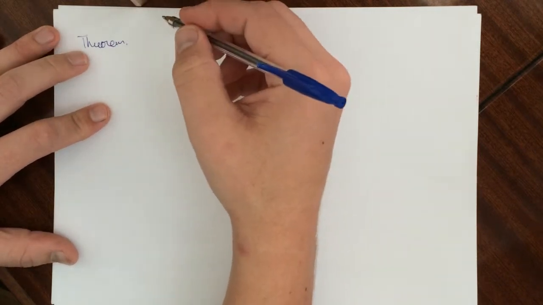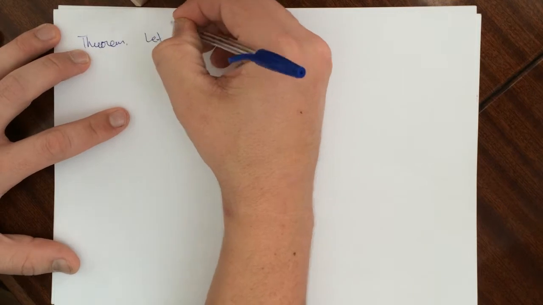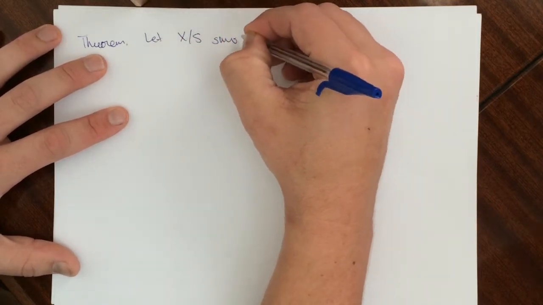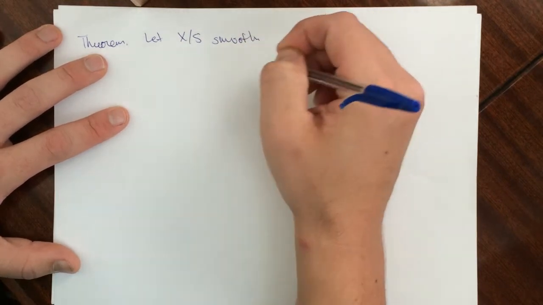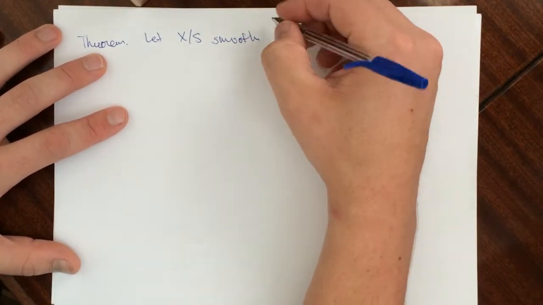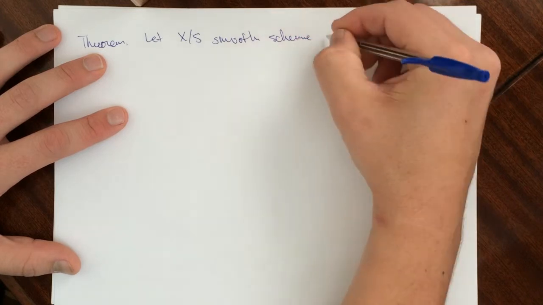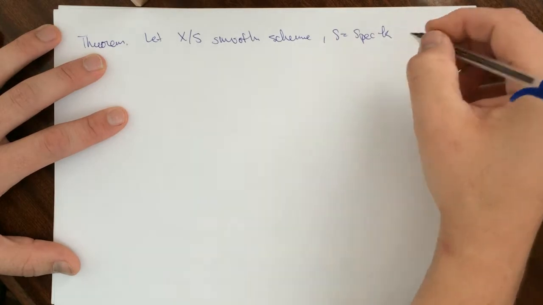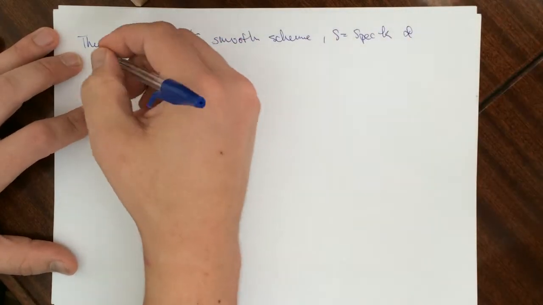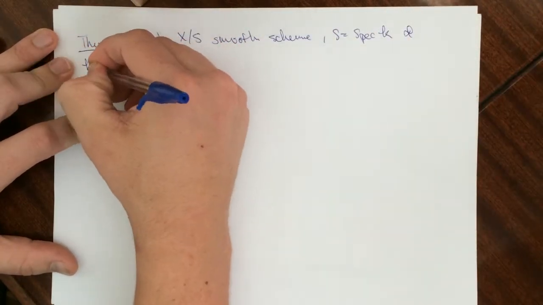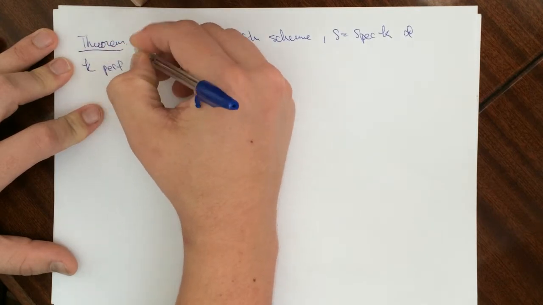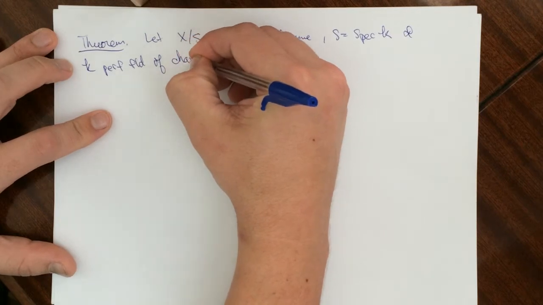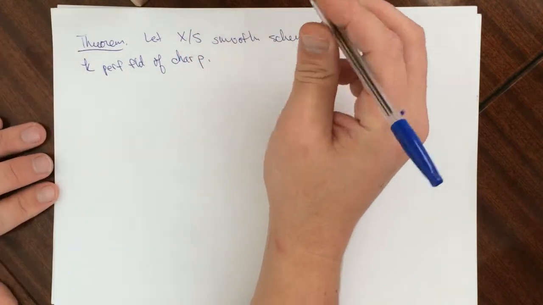Let X over S be a smooth scheme, where S is Spec K, and K is a perfect field of characteristic p. I don't think the perfect is really that essential.